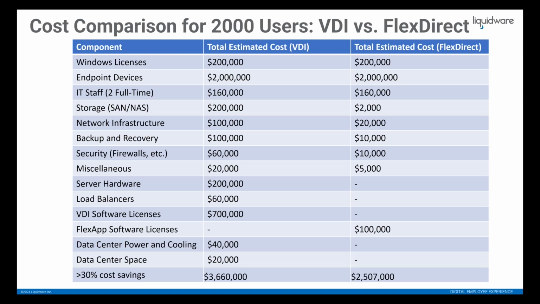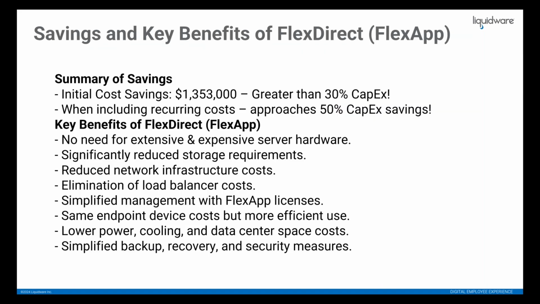We already have to buy a thin client for cloud. Why wouldn't we just replace cloud and VDI with said thin client? All of a sudden, the costs of servers and storage and load balancers and all this other stuff simply goes away. And they have been exceptionally conservative on these numbers. So if you run your own calculations, you will find massive amounts of savings moving to this different model.